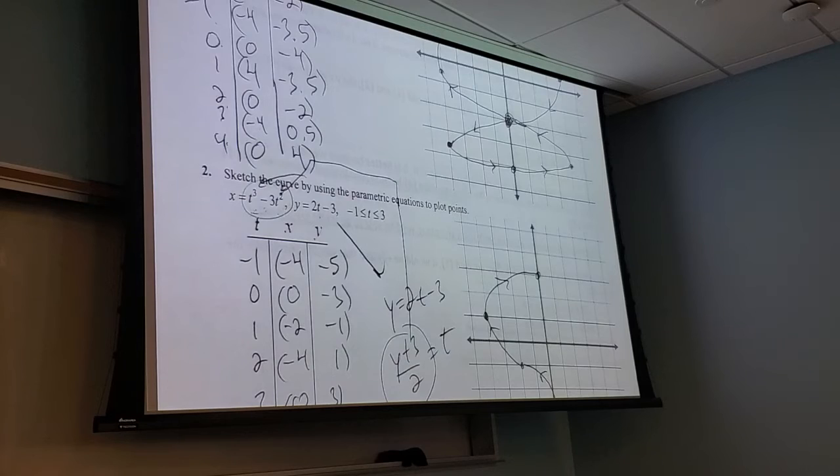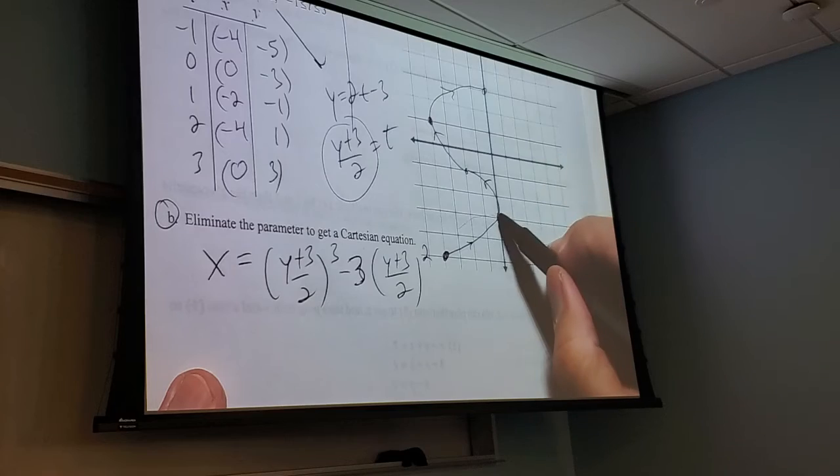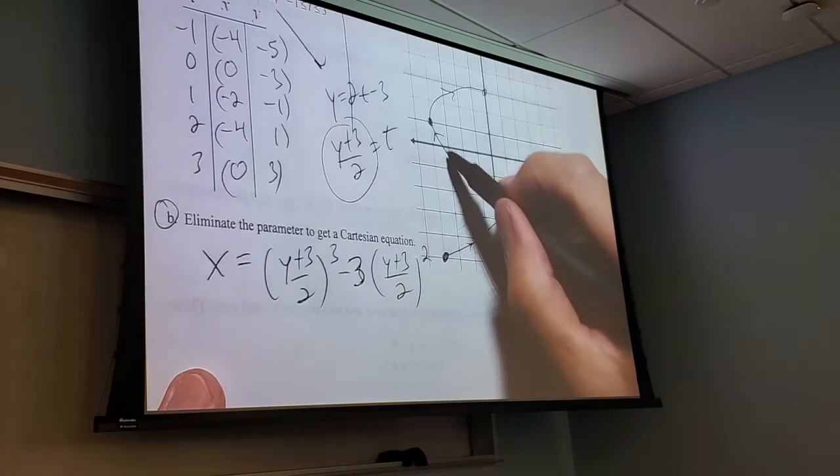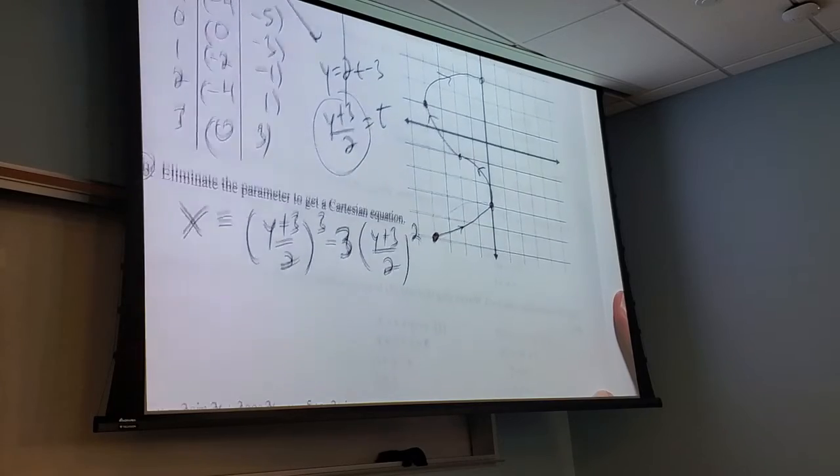You might not know exactly if it's curving this way or that way, but I kind of knew where I was going, so I could guess which curvature it probably should have. But if you get the curvature wrong, I'm not going to take points off because we don't know that much yet. We don't know how to tell which way it's supposed to be curving. So if you connected these like this, you should realize that's wrong when it has to go back that way, right? But I'm going to give you some definite leeway.